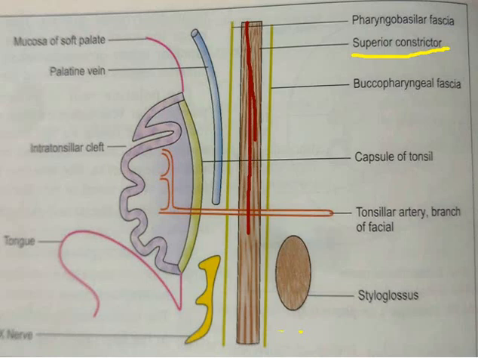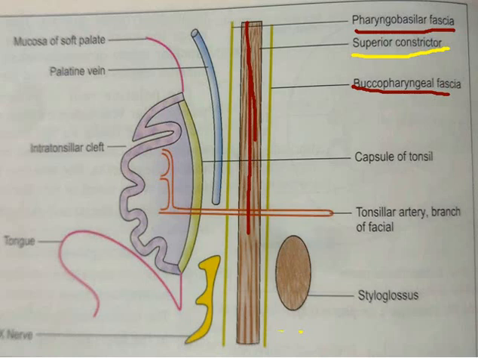If we go deep to the superior constrictor muscle, this fascia is the pharyngobasilar fascia. The uppermost part is thickened up to the base of the skull. It is thickened.